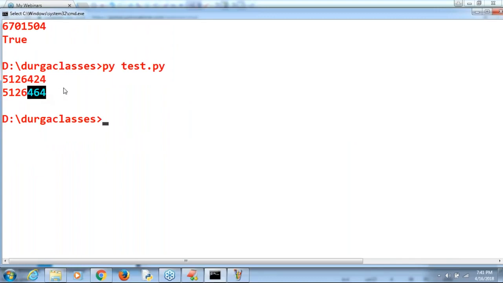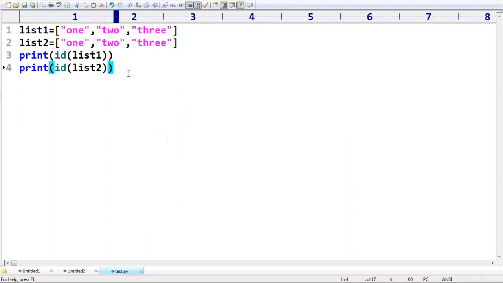That's why if I use the is operator between these two lists, list1 is list2, what is the answer? False, because both are not pointing to the same object. If I use list1 double equal to list2, what is the answer?